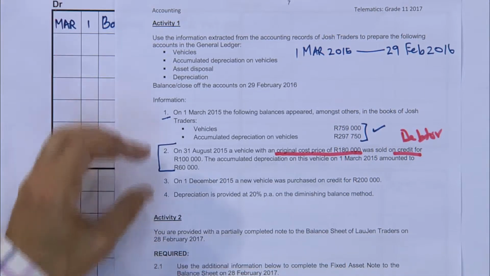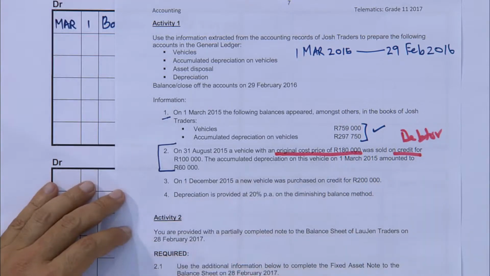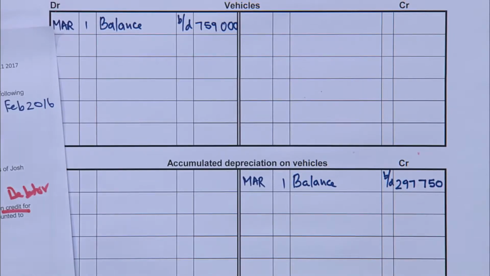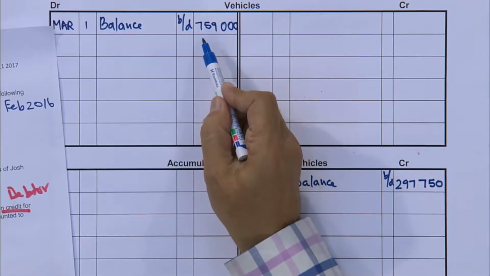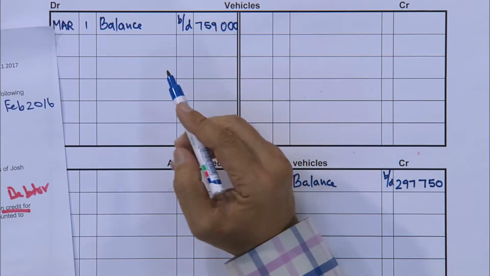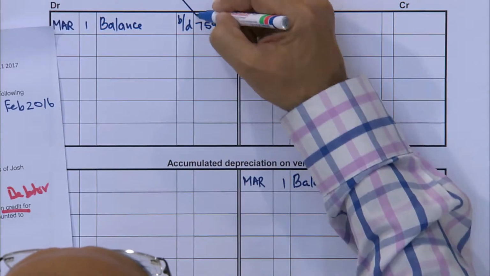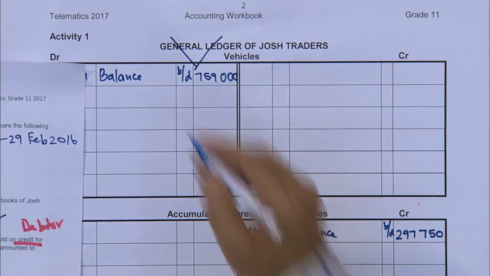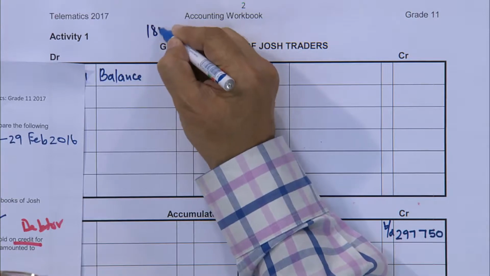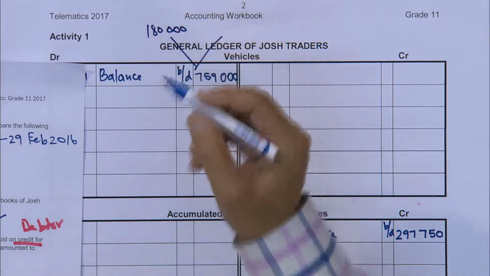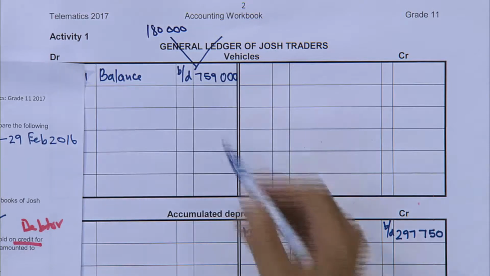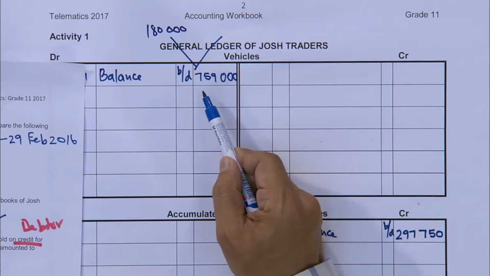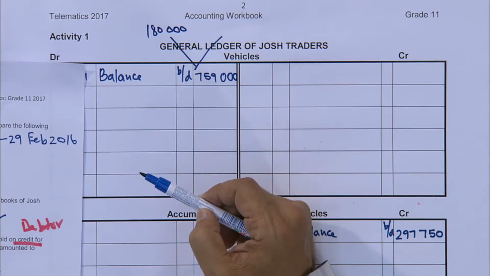Let me take that information and show you what we normally do, or what I want my learners to do. I tell them that in this balance of 759,000, we're going to split that figure into two. One figure is going to be 180,000, because that's the figure they're giving us. The sum of these two must then equal 759,000.